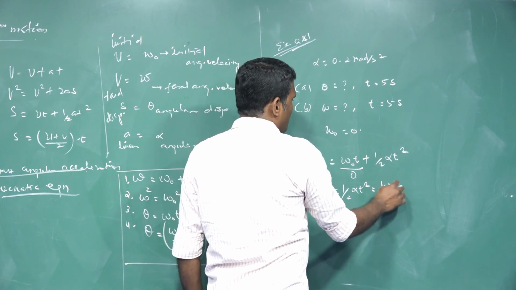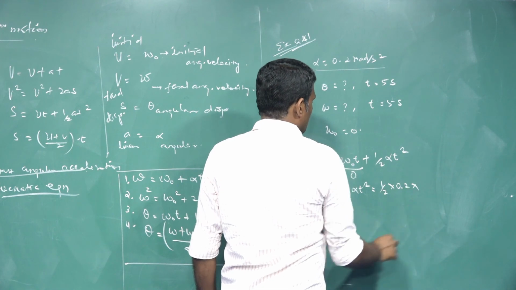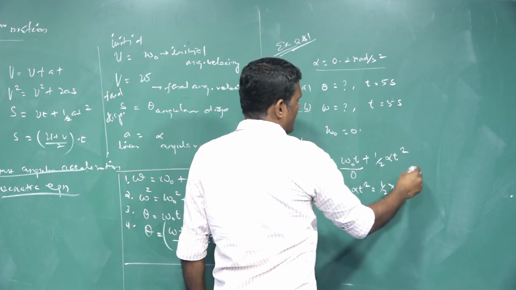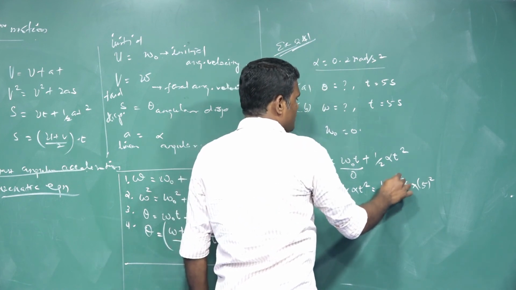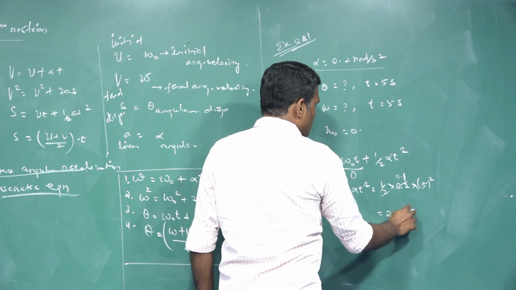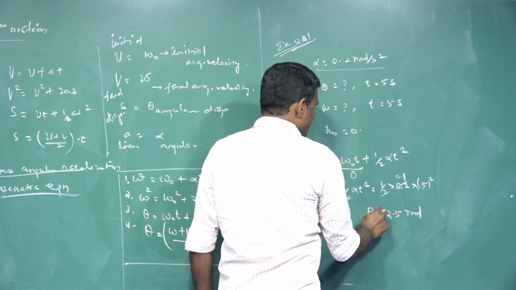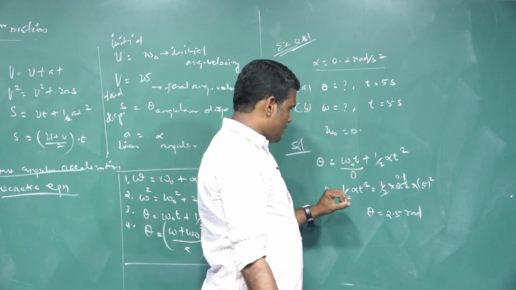So I can write half into alpha. Angular acceleration is given 0.2. And time t is given 5 seconds. After 5 seconds, they are asking to calculate the angular displacement. So this is simply 0.1, 5 square is 25, 25 into 0.1, 2.5 radian. Theta is in terms of radian. Theta equals 2.5 radian.